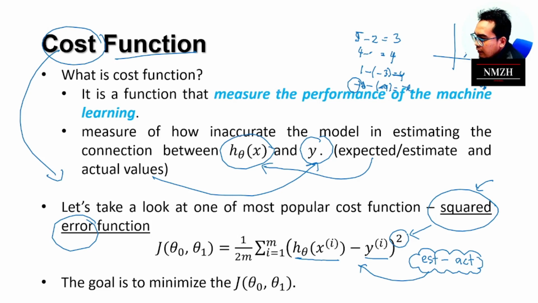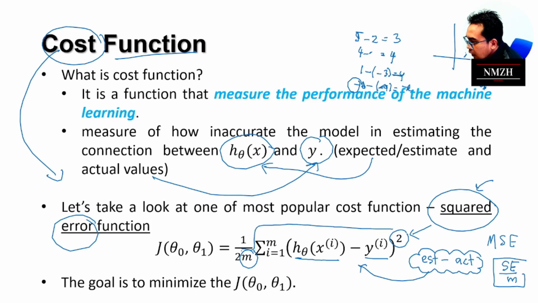In order to fulfill the requirement, I will not be going too deep. So this one basically requires the M. Square error function, meaning we have SE, right? The normal thing that happens with square error is the mean square error. So mean square error means SE over M. So this is the mean square error, guys, eventually.